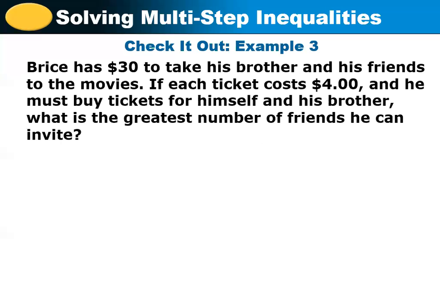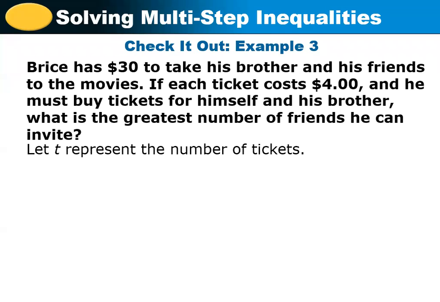So let's say, let T represent the number of tickets. 8 plus 4T less than or equal to 30. Why? Because if each ticket costs $4, you put 4T, and he must buy tickets for himself and his brother.